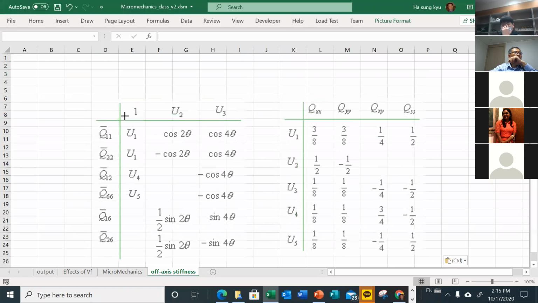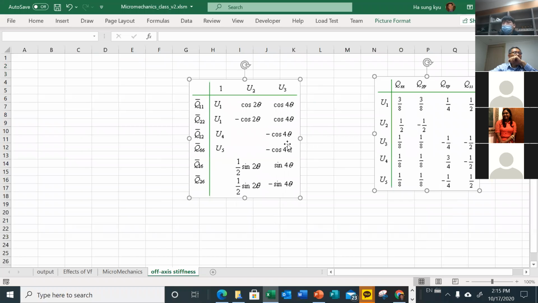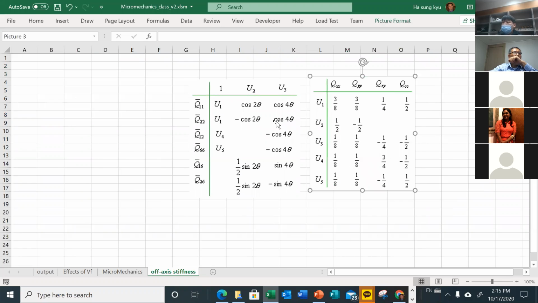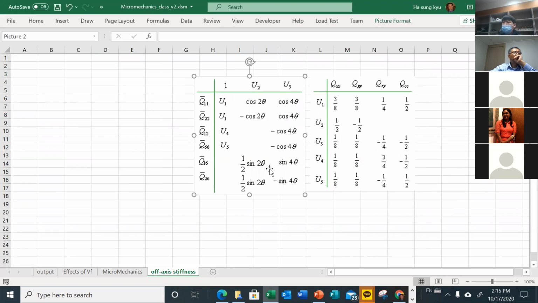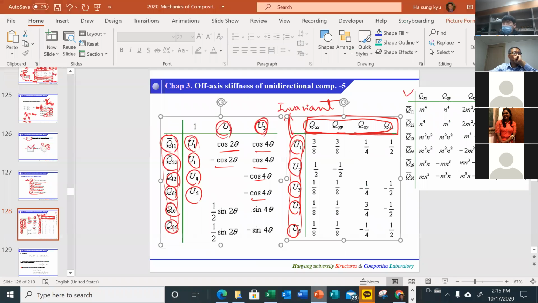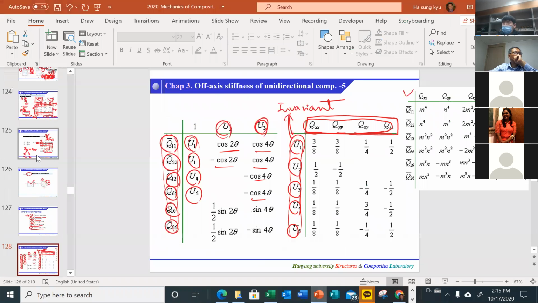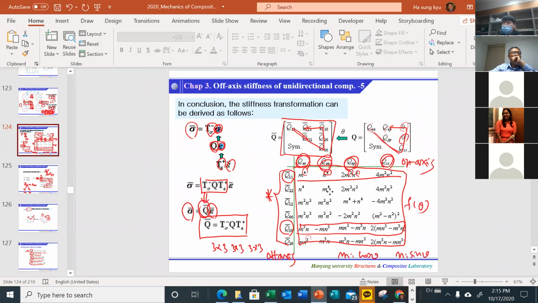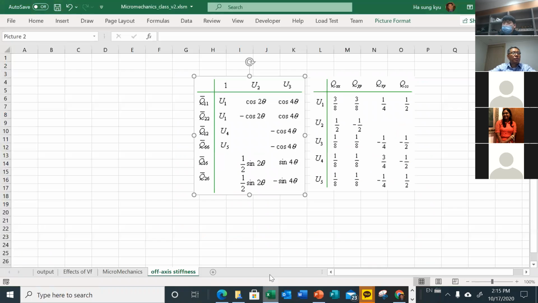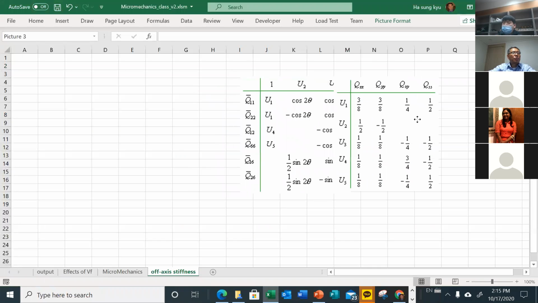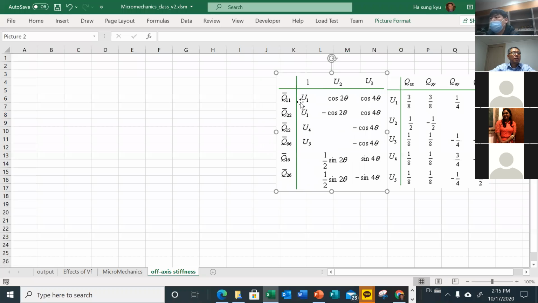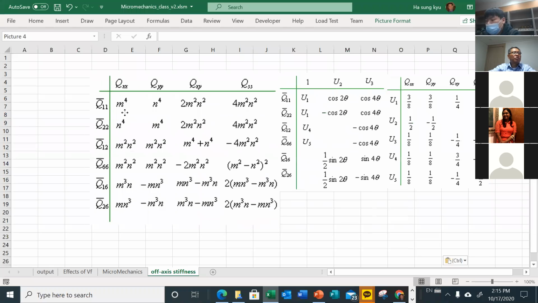The one we're going to simply program, type in the Excel so that we can derive the compliance matrix and the stiffness matrix for the O-axis system. And this will be identical, same as this matrix.